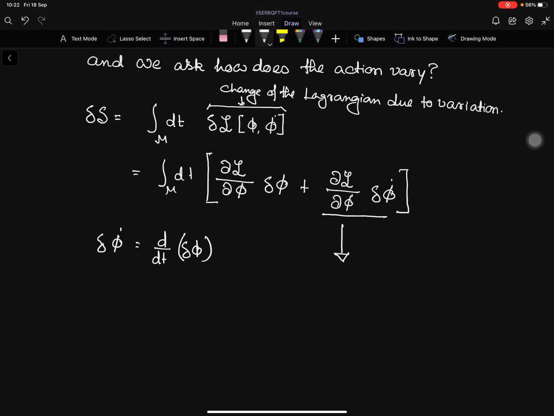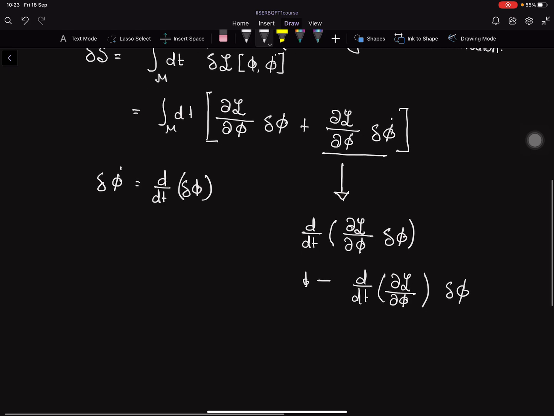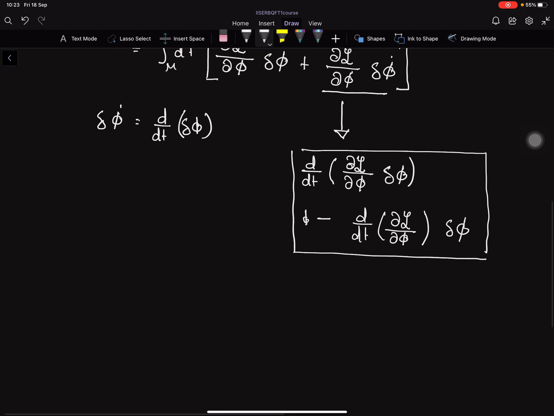Then this term I can write as d/dt of the derivative of L with respect to phi dot times delta phi, minus d/dt of the derivative of L with respect to phi dot, times delta phi. So this term can be written in this way.